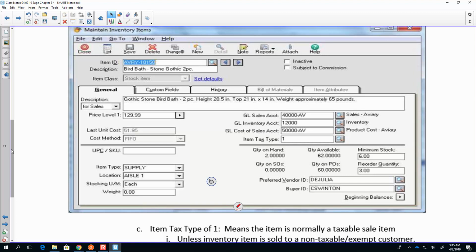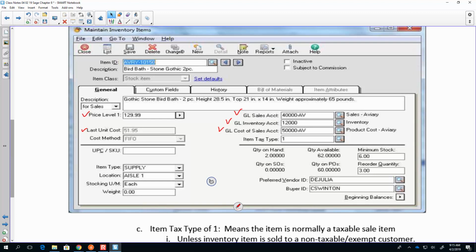This is an item that's already been established. So we have prices, sale prices, cost, right? We also have the GL accounts affected when I sell this item. So the sale account, the inventory account, and then the cost of sale account.